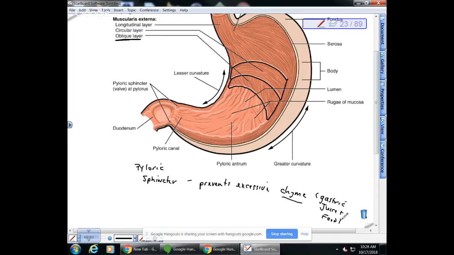Once gastric juice has digested it, it's turned into mush. It would be liquidy to us, right? Then it gets put into the first part of the small intestine. So it prevents excessive chyme from entering the small intestine.